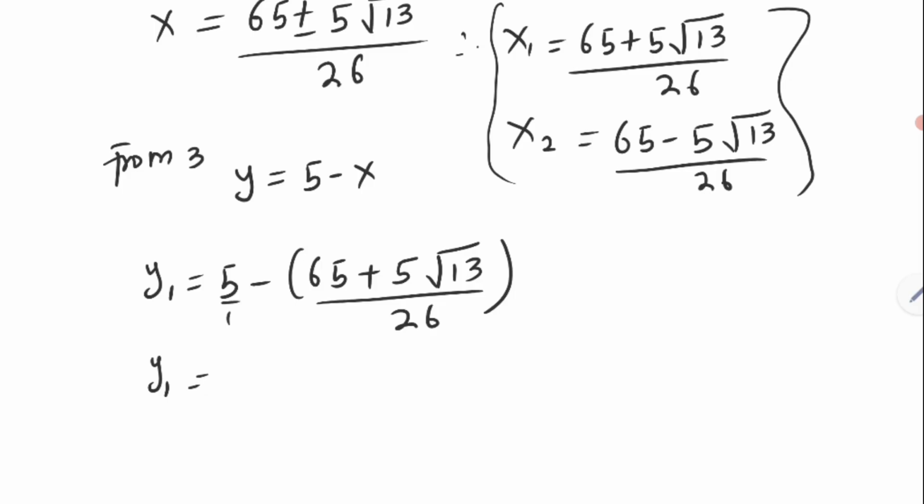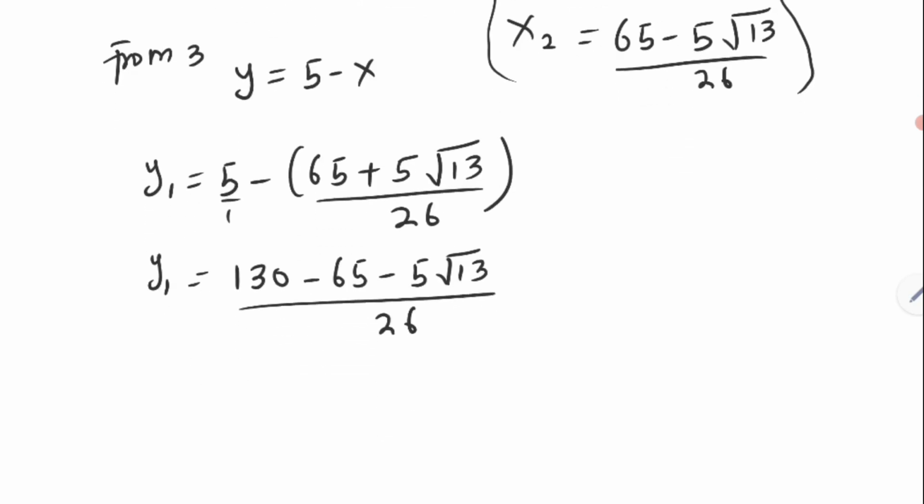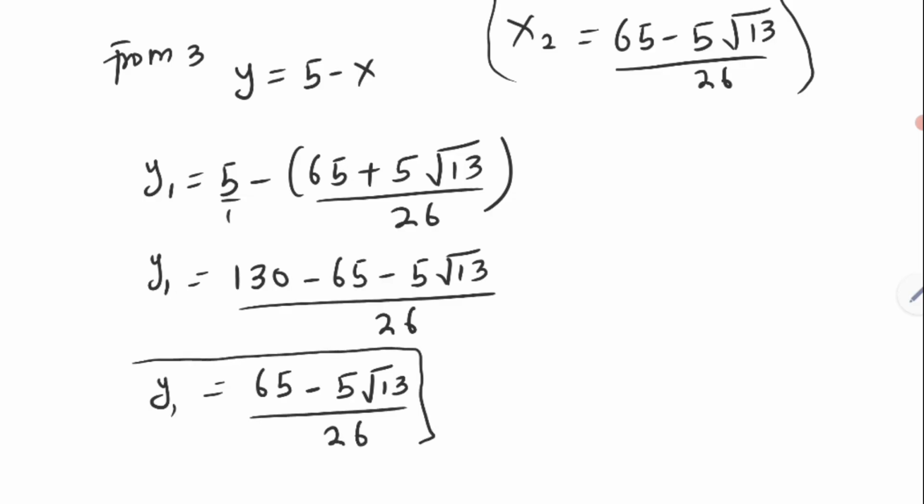If you multiply 26 by 5, this is 130. Then, opening the bracket with this negative, we have minus 65 minus 5 root 13 over 26. Y is equal to 130 minus 65, this is 65 minus 5 root 13 over 26. This is the value of y1.